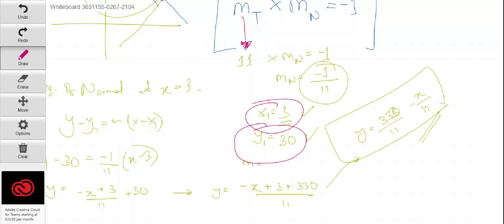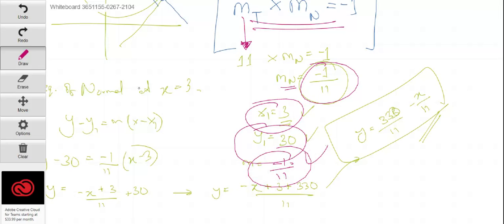Find the gradient of the tangent first by differentiating, and then do this process of negative reciprocal, and find out the gradient of the normal. And once you have all these three pieces of information, you can use the straight line formula.